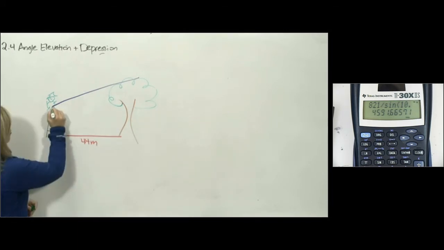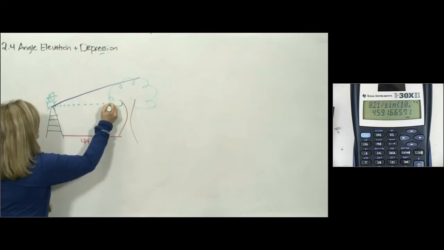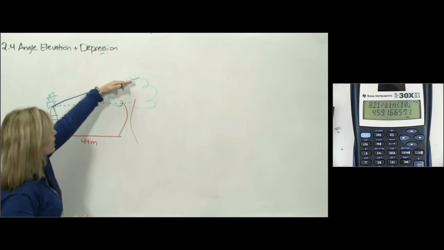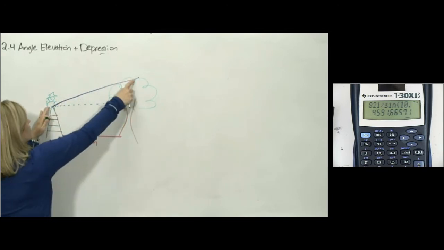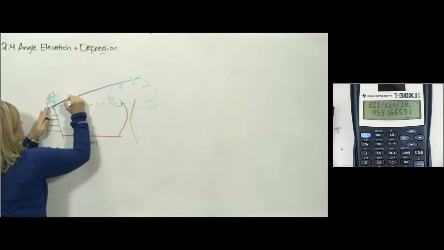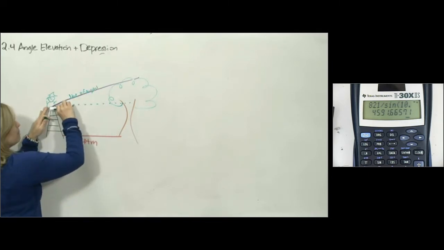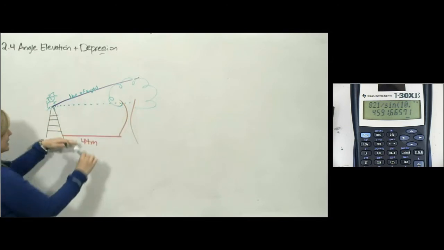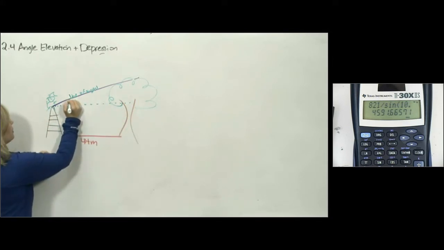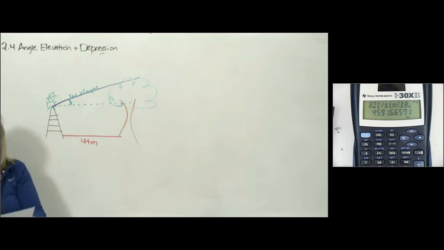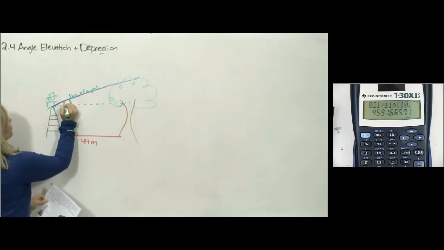Okay, so we're going to draw a dotted line here. So an angle of elevation is made by that park ranger's line of sight. He's looking up at the top of the tree. So this is his line of sight. And it's made by a horizontal line. It's not obviously on the ground this time, but there's your angle of elevation. And it said it was 28 degrees.